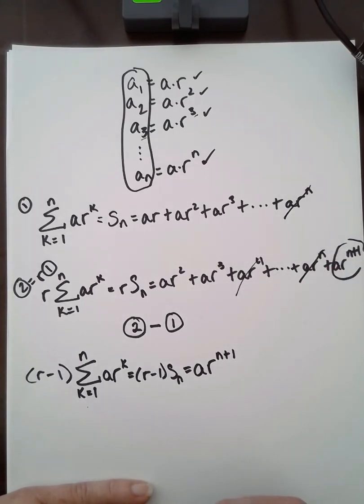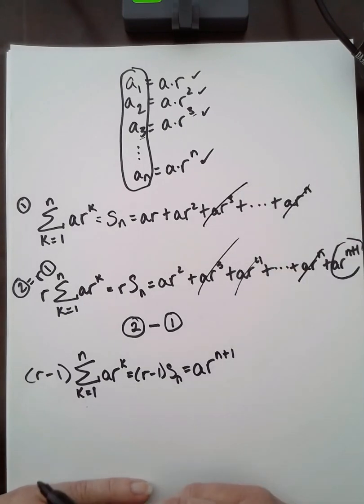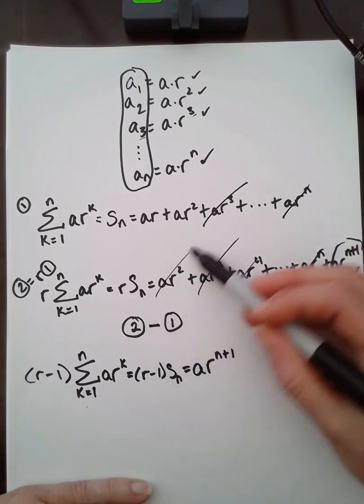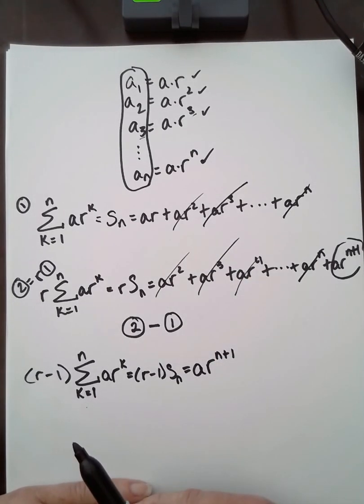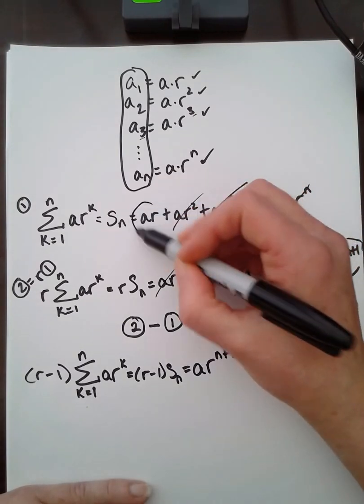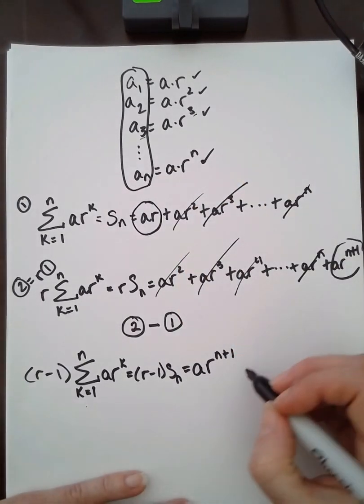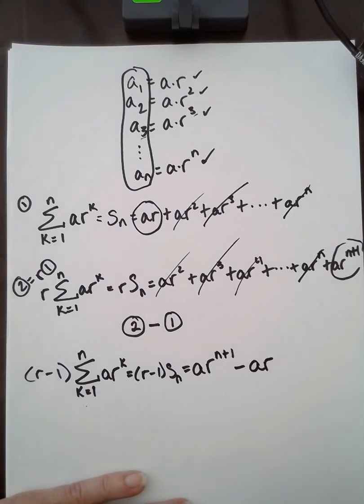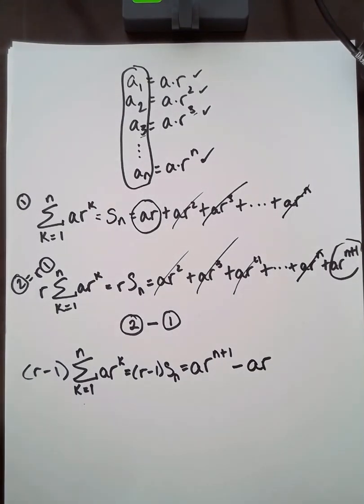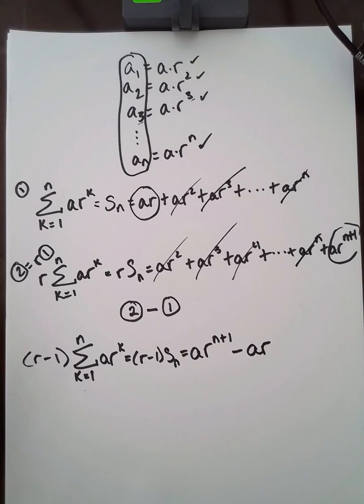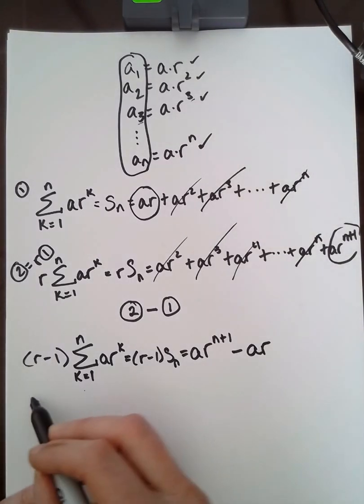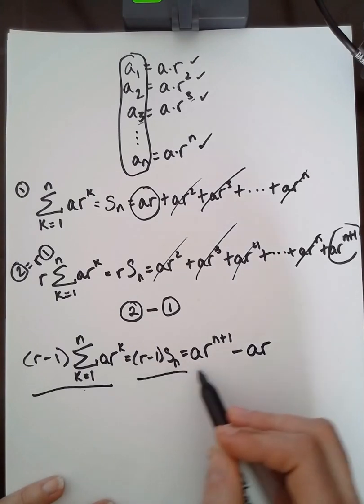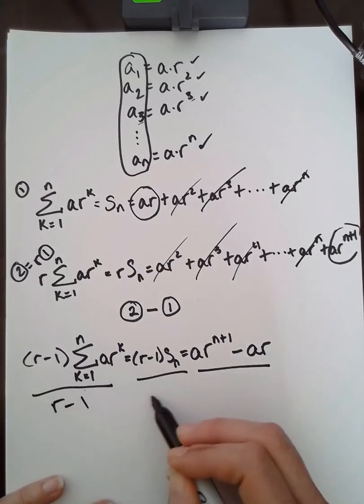Your a times r to the 4th is going to reduce to 0. A times r cubed reduces to 0. The r squared reduces to 0. So you're left with minus a times r. Look how nicely that simplifies down. Now the only thing left to do is to divide everything by r minus 1.